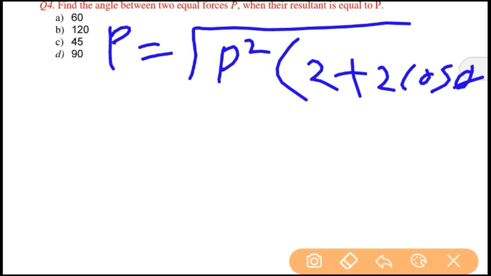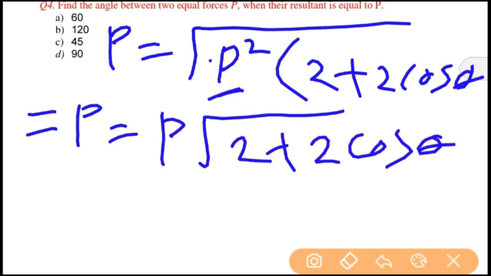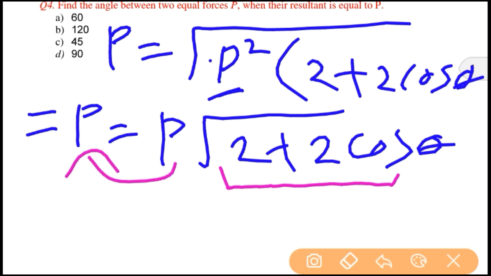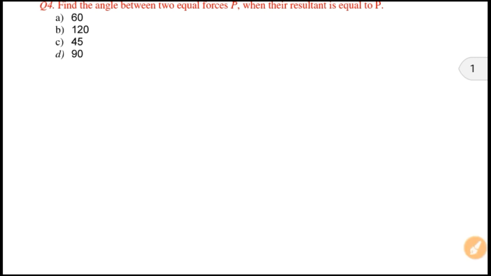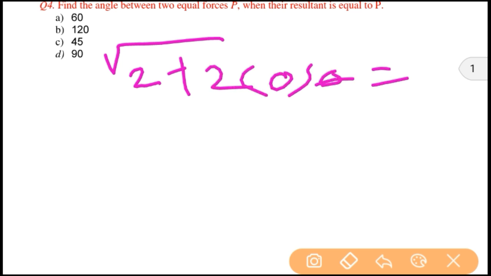The root of P square is P, so P equals P into the root of 2 plus 2 cos theta. We can write root of 2 plus 2 cos theta equal to P divided by P, that is equal to 1.